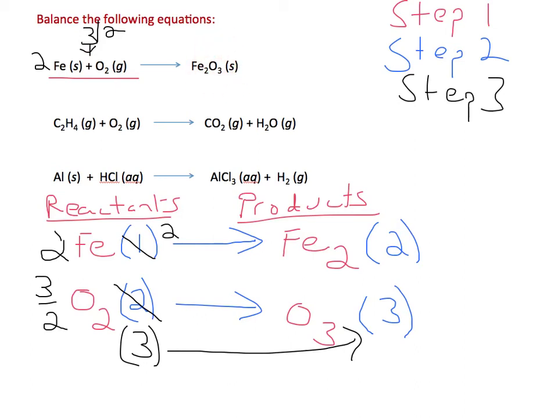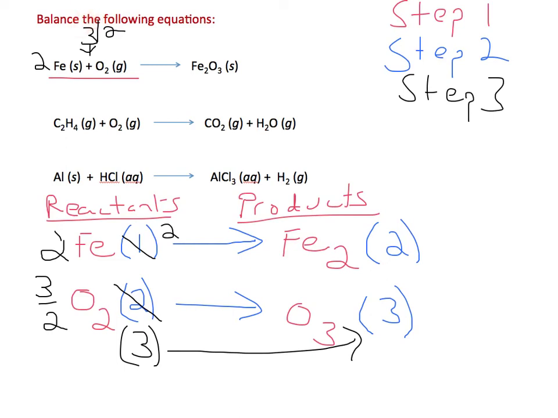The other thing we need is the smallest whole number, because you can't have half an atom of oxygen. So we can multiply everything through to get rid of the one fraction that we have, which is this 3 halves.